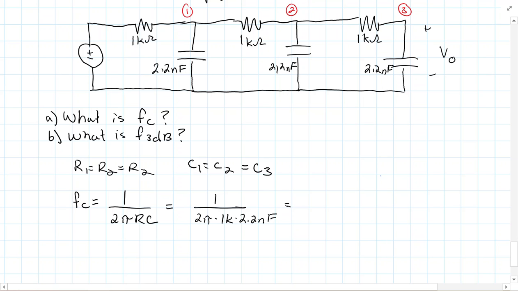And take the inverse of that. I get 72.3 kilohertz. Now remember, this is not my minus 3 dB point. In fact, this should be my minus 9 dB point.